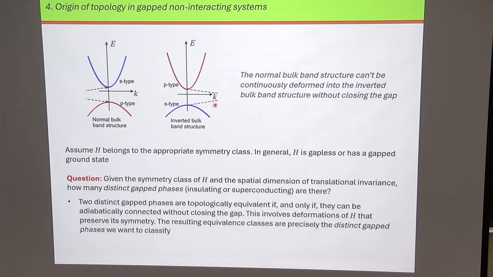So the question is, if I give you the symmetry class and the number of dimensions along which you have translational invariance, how many distinct gapped phases, insulator or superconducting, are there? For this we have to distinguish whether phases are distinct or not. Phases may be equivalent if you can deform the band structure continuously into the other. If you cannot do that because you would need to close the gap, then they are not equivalent.